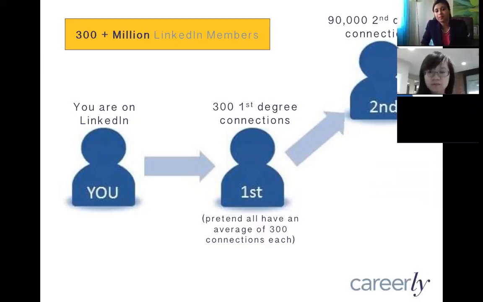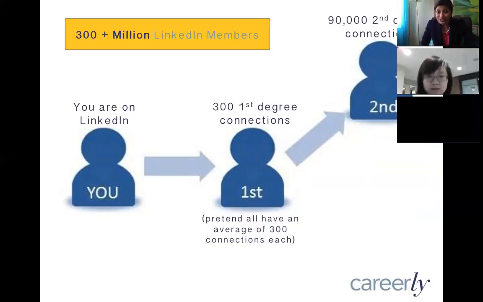So I like to use this example of 300, but sometimes for students it's even less, and that's okay. Let's even say it's 100, right? You have 100 people on your LinkedIn profile, and I always say to students, even if you don't have 100, make it a goal to get to 100, and that's not too difficult. If you add your classmates and your professors and a few alumni and some contacts, you'll get to 100 pretty easily, right? So that's your immediate contacts.